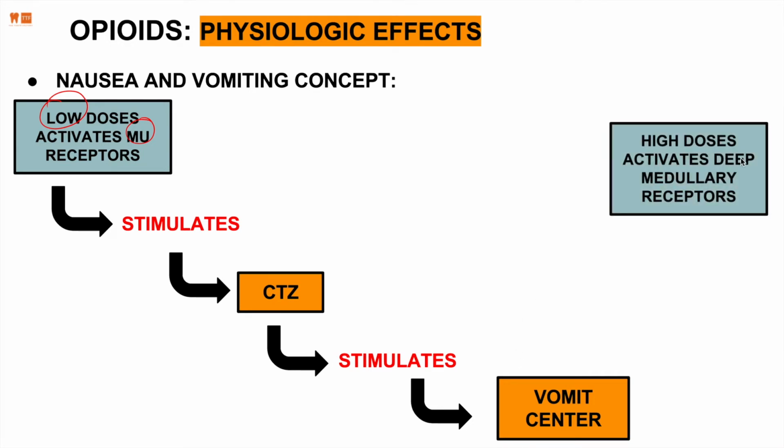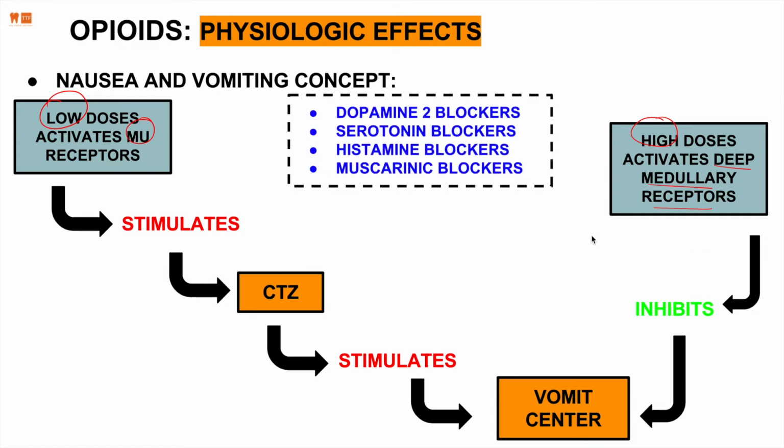However, in high doses, we activate the deep medullary receptors that lead to the inhibition of the vomit center directly, not through the CTZ, but direct inhibition of vomiting. So at high doses, the opioids lead to inhibition of vomiting. Here are just other examples of receptors in our body, with their own neurotransmitters and molecules.